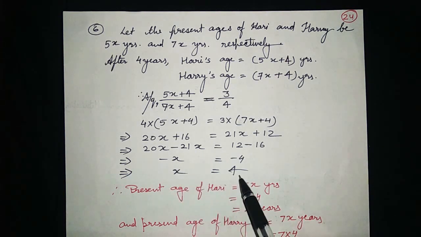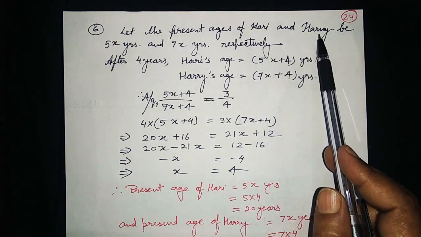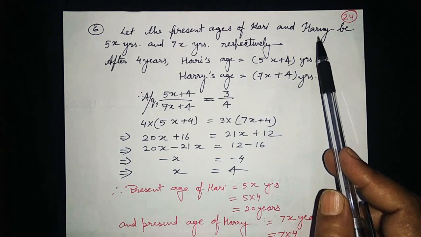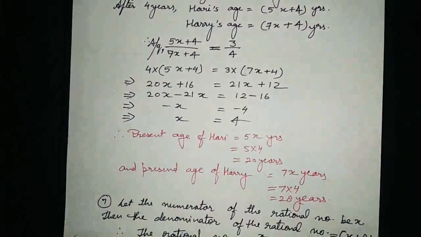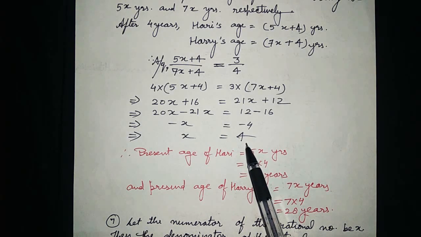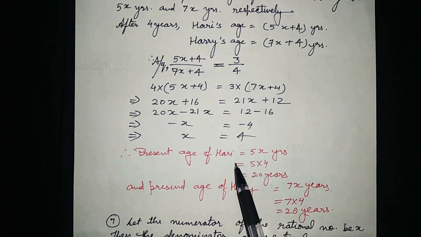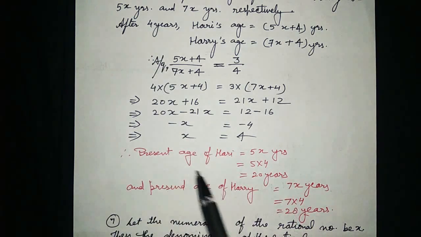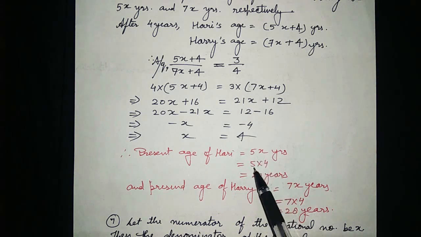Now we have got the value of x. This value of x we will use to find the present ages of Hari and Harry. To find the present age of Hari, we will put the value of x in 5x years, because we have assumed 5x years as Hari's age. After putting x into 5x, 5 into 4 is equal to 20 years.